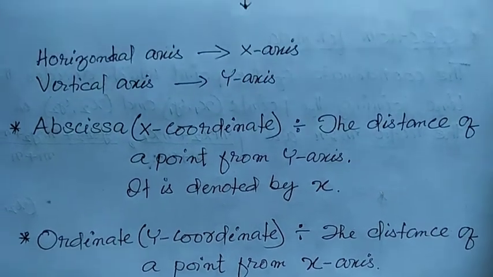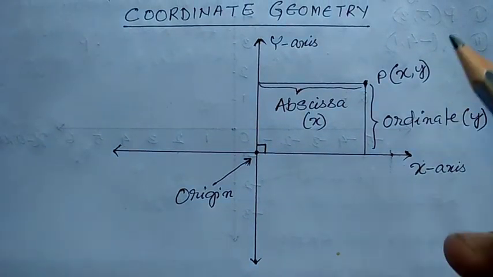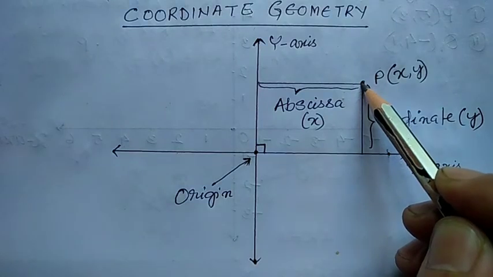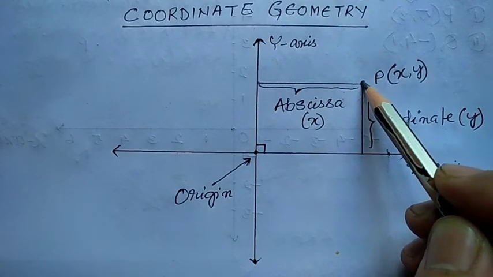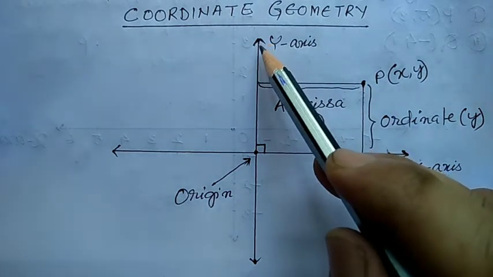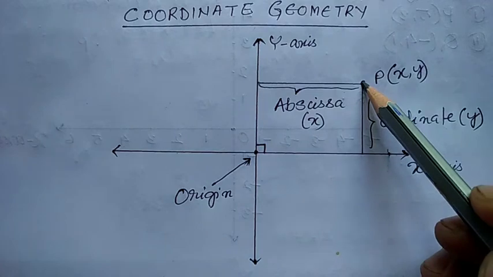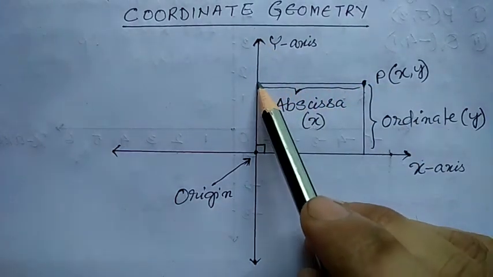Now let's try to understand these two terms here in our figure. In the figure, you can see here I take a point P. Now let's see how far this point P is from the y-axis. Here is the y-axis, and this is point P. The distance of this point P from the y-axis is nothing but this one.